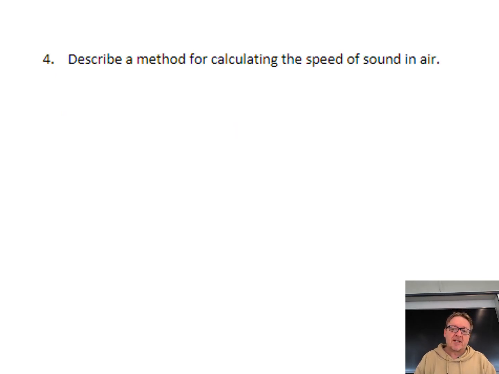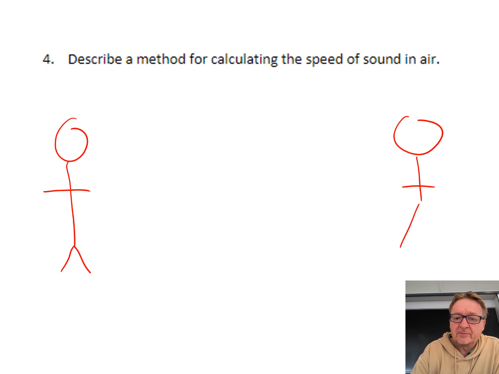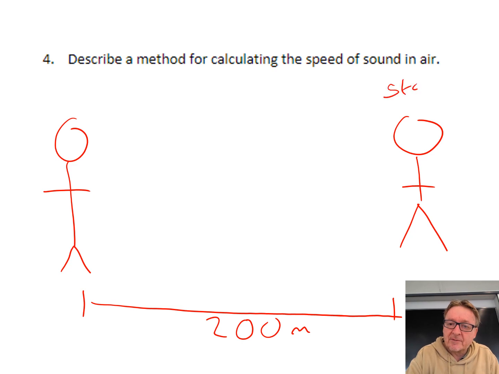Describe a method for calculating the speed of sound in air. Now this is a terrible method. It's not very accurate at all. But what you've got is two people, 200 meters apart, so they'll probably barely be able to see each other. This person here has got a stop clock.